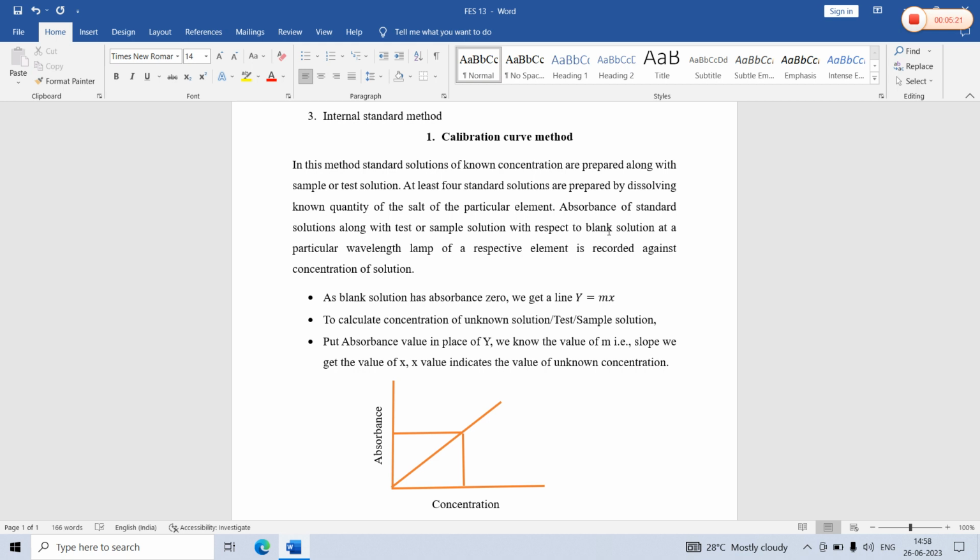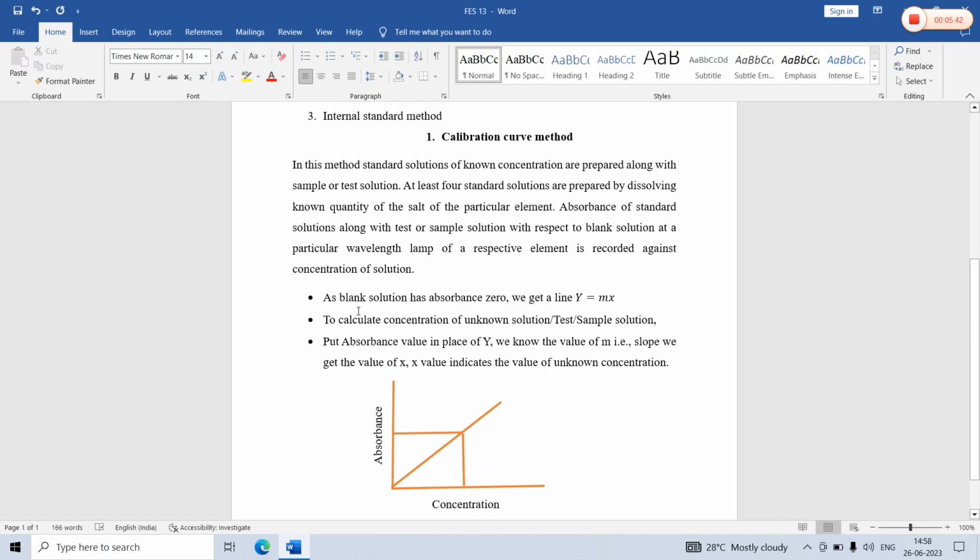Every element has its own wavelength, and we take that wavelength for the determination.